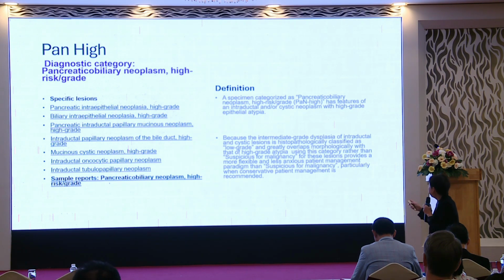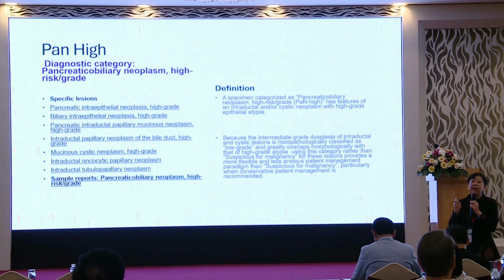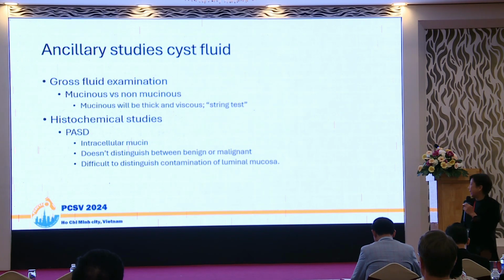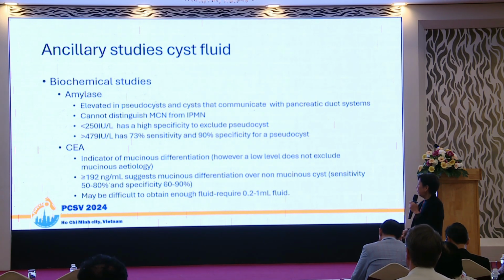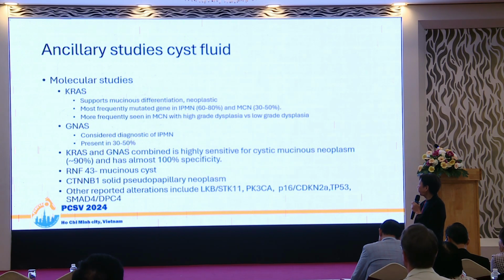One caveat is to be careful again of the biliary cystic thing. Ancillary test fluid, yes, please do send it out. Again, the consistency of the mucus is important if you are doing the aspiration. And there is CEA, and now, unlike 40 years ago, we have molecular studies.